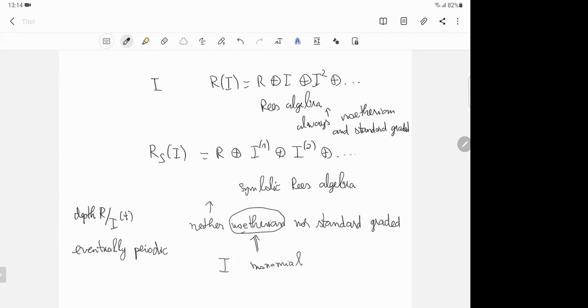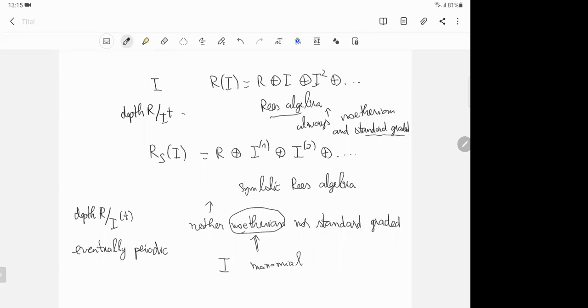Basically, the same argument. Because the Rees algebra is Noetherian, the depth function is always eventually periodic. But here we have the standard graded condition, and the standard graded condition tells you that it is not only eventually periodic, but periodic of period 1, and of course periodic of period 1 means that it is eventually constant, right?